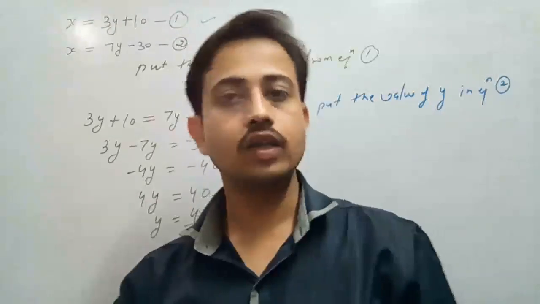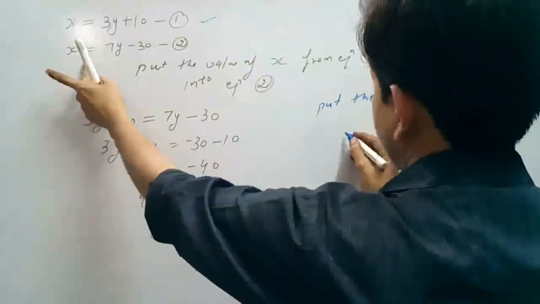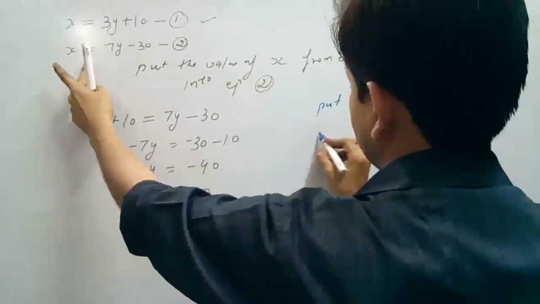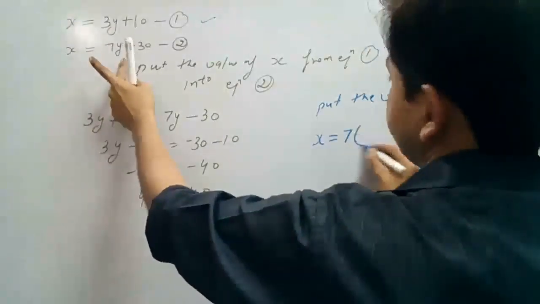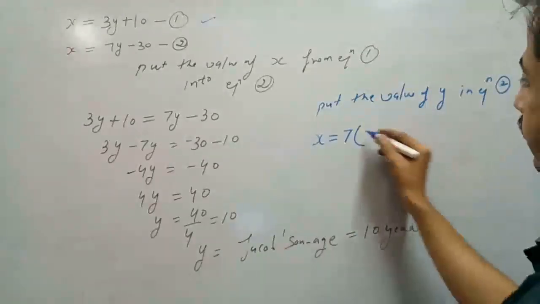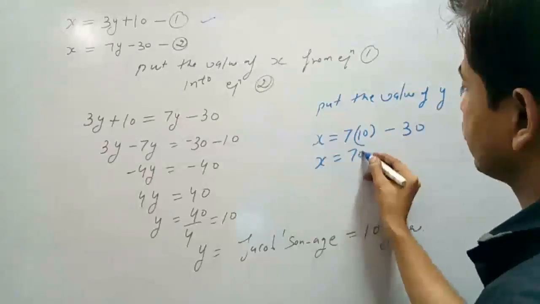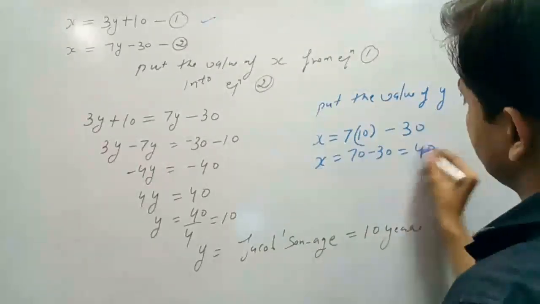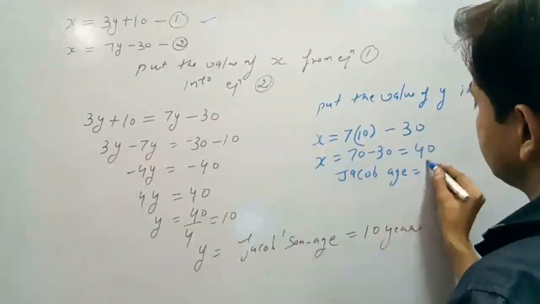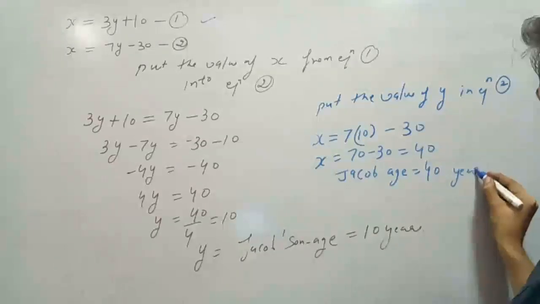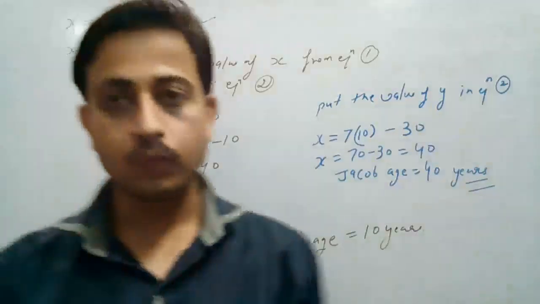You can put it in either 1 or 2, you get the value. So x is equal to 7 into y. The value of y is what? 10, minus 30. So x is equal to 70 minus 30, which is 40. It means Jacob's age is 40 years. I hope you understand this. Please make a note first.